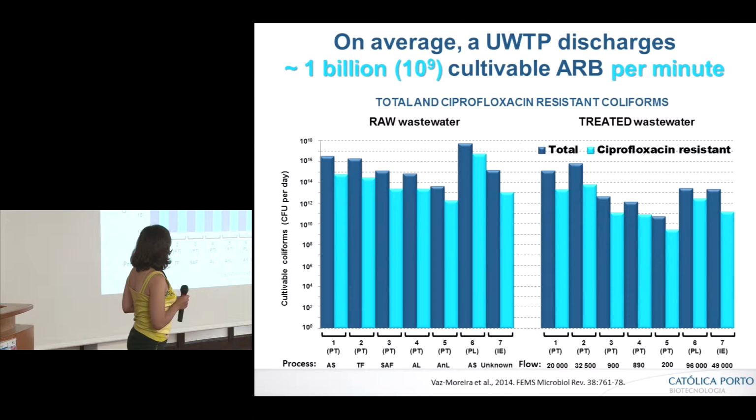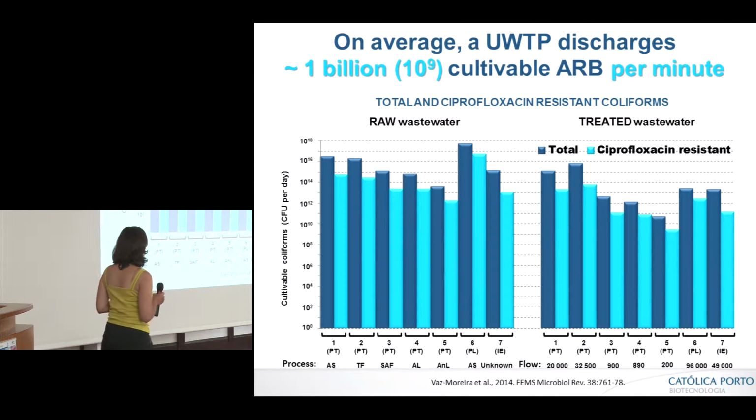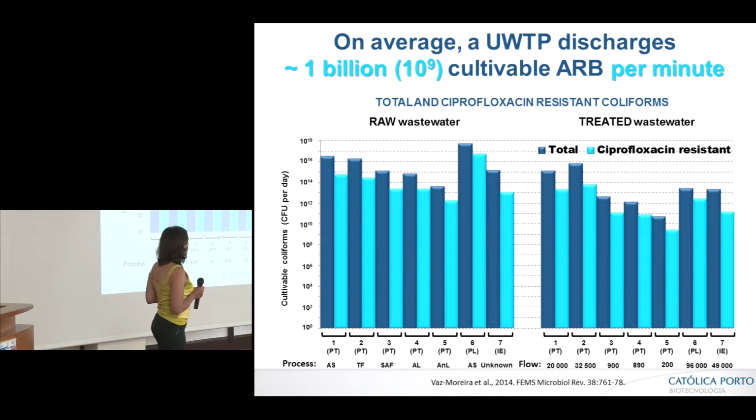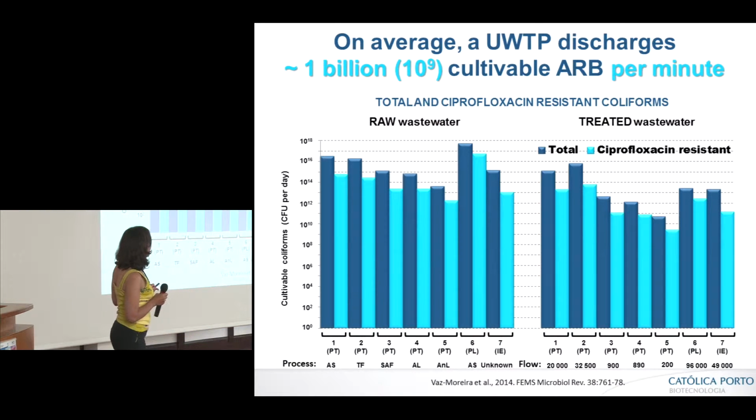What we can see from different studies conducted with different wastewater treatment processes is that the treated final water discharged in the environment will contain 10 to the 9 antibiotic-resistant bacteria discharged per minute.